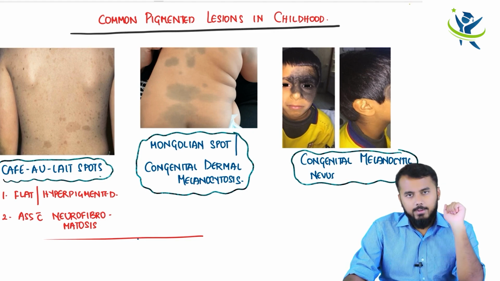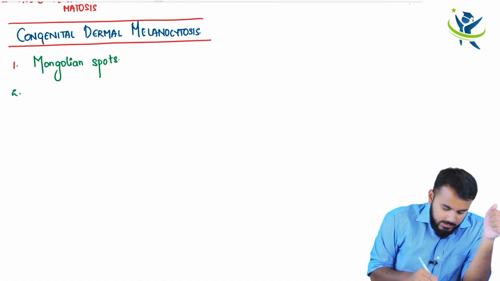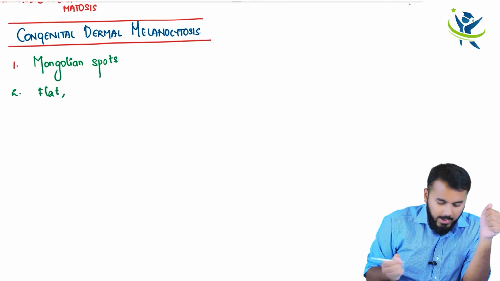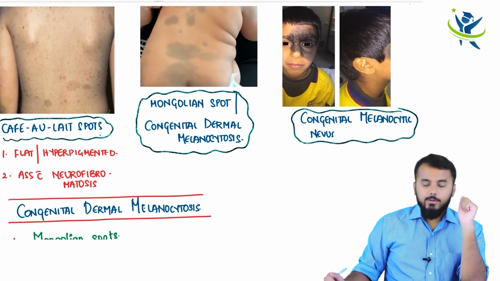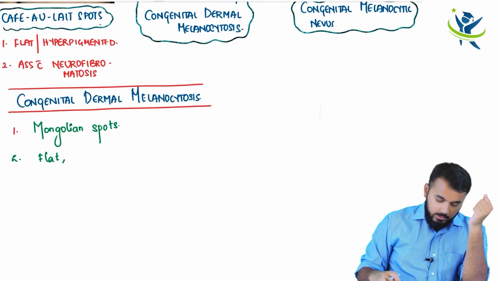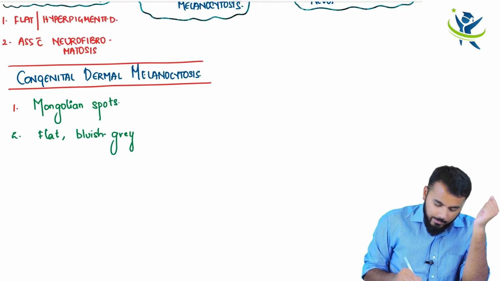Here the rash is flat, so I can write it as a flat rash. Next, tell the color. It is a little bit bluish and grayish, so it is a bluish gray patch.